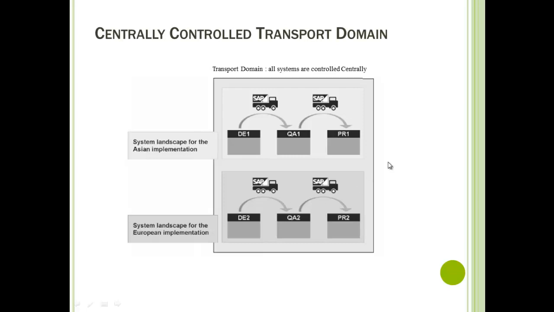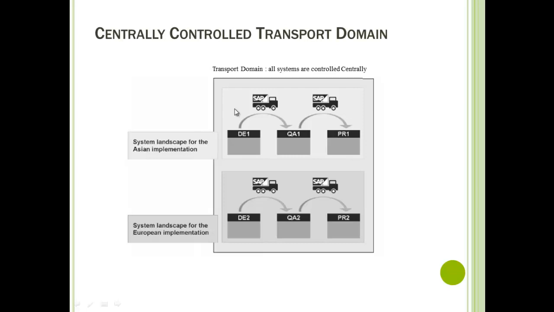It can be a third party system, or it can be from a different landscape. You are getting this one, so you do not have a common transport directory. In that case as well, you can add the transport to your import queue using the TMS, and you can import the changes.